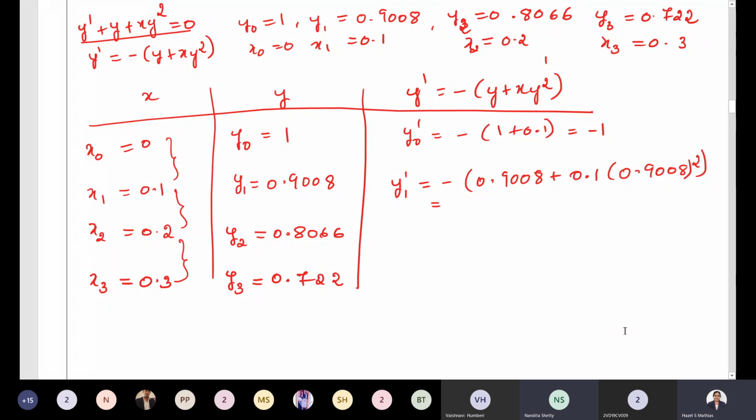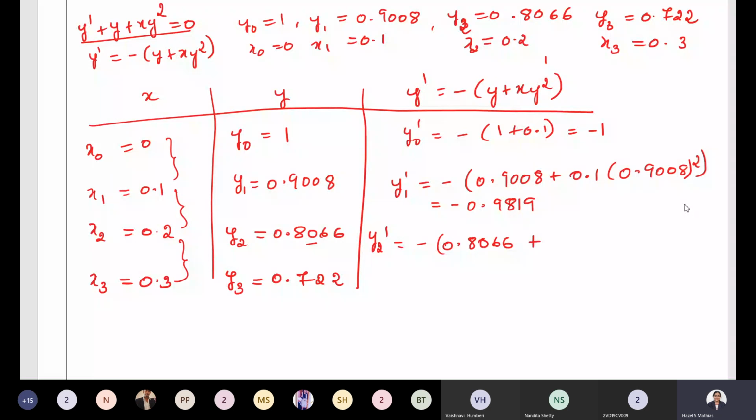Ma'am, minus 0.9819. Okay, so soon you could find out. Practice it so that it will be easier in the exam. 0.9819. Correct? Yes, ma'am. Next find y2 dash. What will be y2 dash? Minus of y, which will be 0.8066 here.